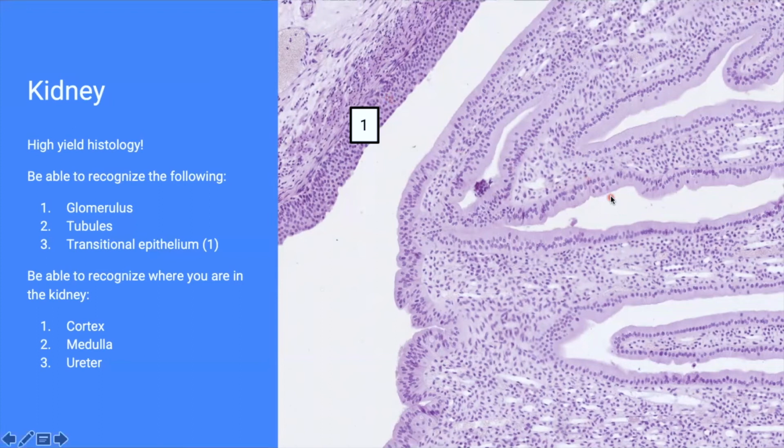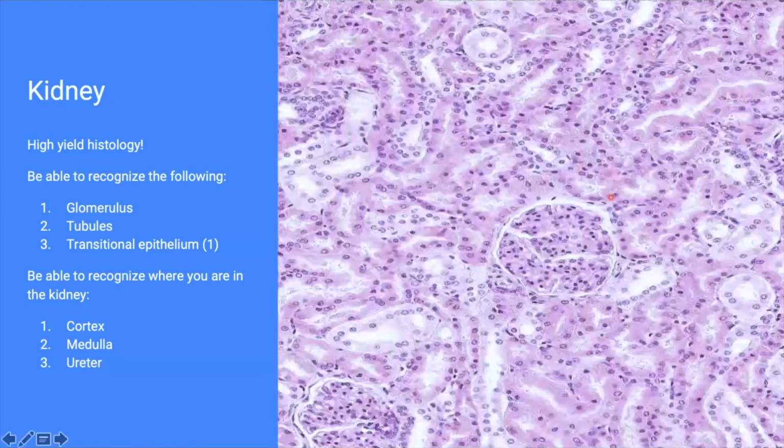Glomerulus, tubules, transitional epithelium. I think that, as far as normal histology is concerned, that's what you should concern yourself with. Recognize that this structure is a glomerulus, and it should help you to get to that point if you just see a bunch of tubules surrounding that glomerular structure. And then finally, one note here is that the glomeruli are only found in the kidney cortex.